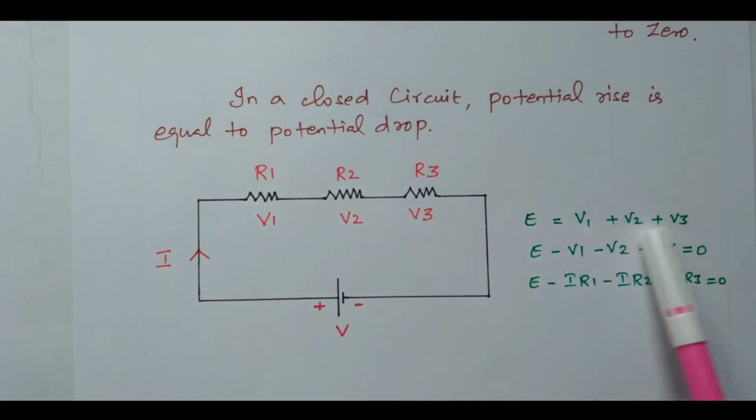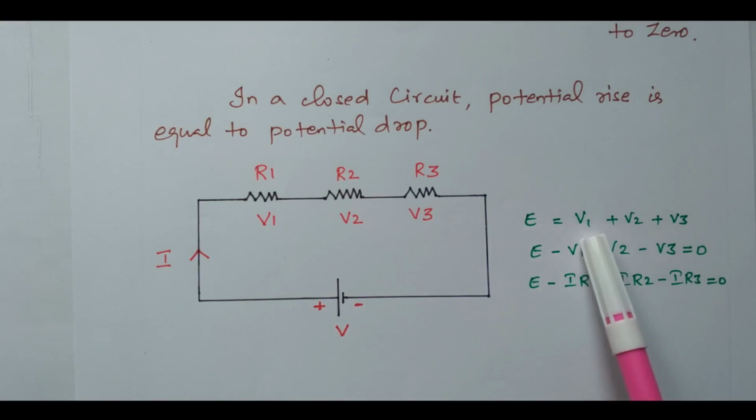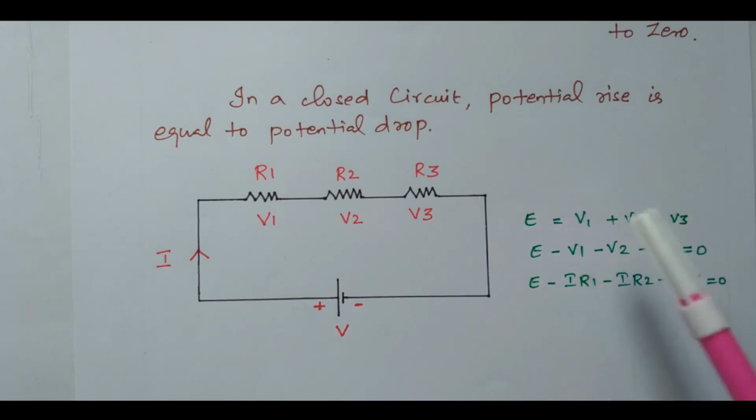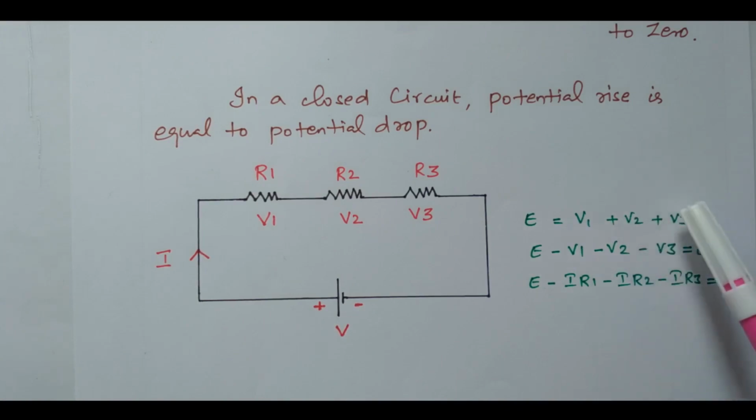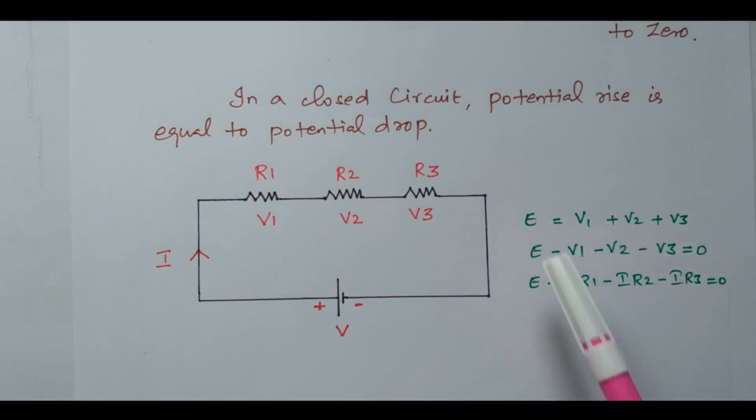So that is given here: E, that is V or E, both are the same. The applied potential E or V is equal to V1 plus V2 plus V3: the voltage drop across R1, across R2 and across R3. So this is the statement: in a closed loop, potential rise is equal to potential drop.